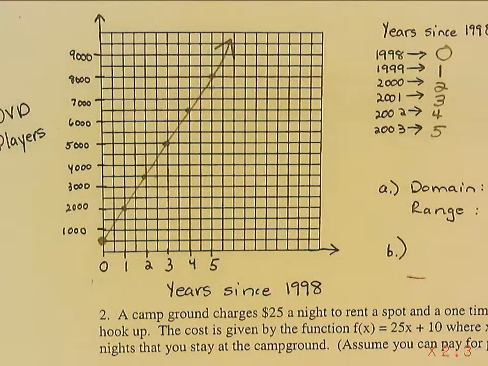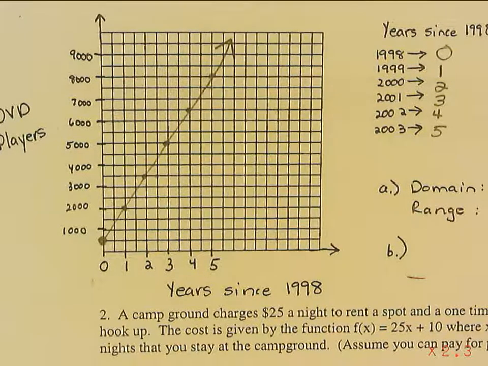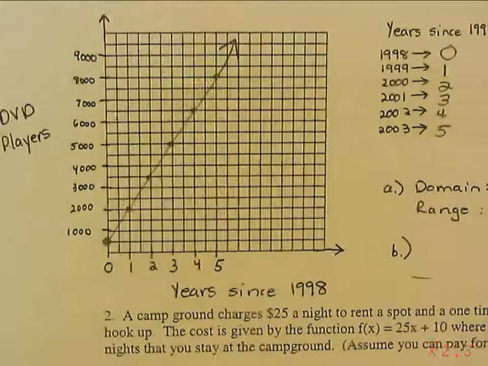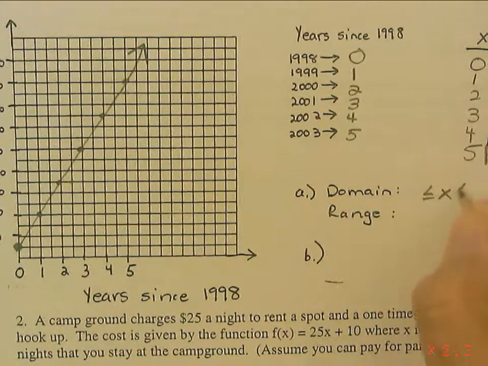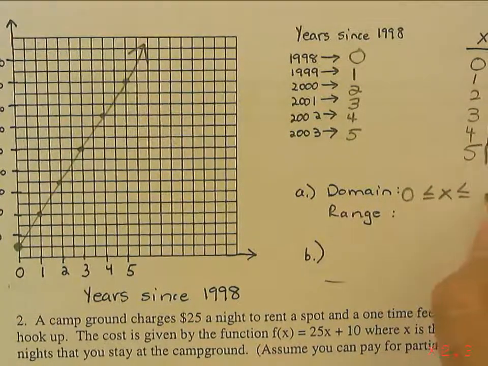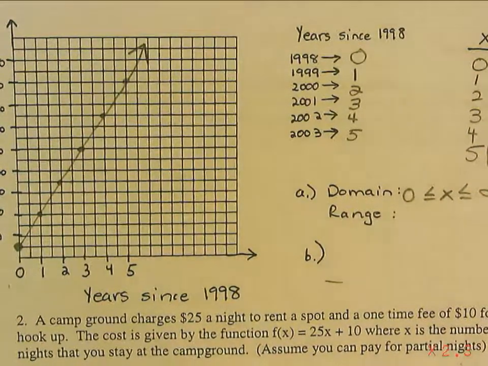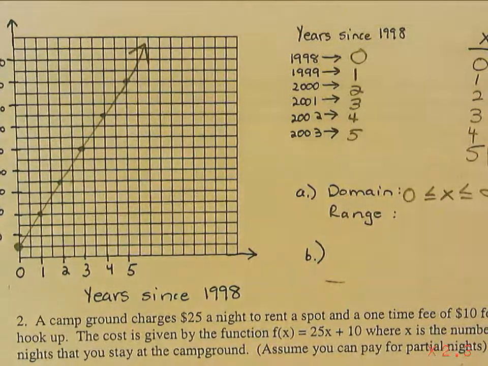So who can tell me what the minimum x value is and what the maximum x value is? The minimum is 0, the maximum is infinity, right? Because of the arrow. So our domain, x is greater than or equal to 0, but it goes up to, oh, actually, I'm wrong. I am wrong. Why am I wrong?